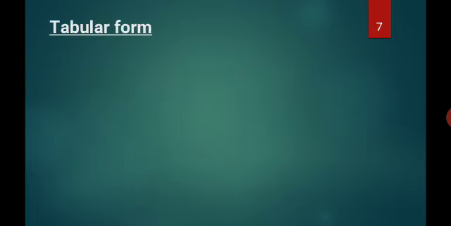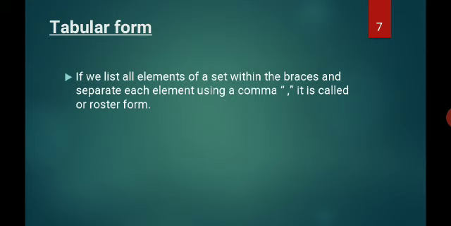Next is tabular form. If we list all elements of a set within brackets and separate each element using a comma, it is called roster or tabular form. Now this form of set has two names, tabular and roster. So how can we write a tabular form?